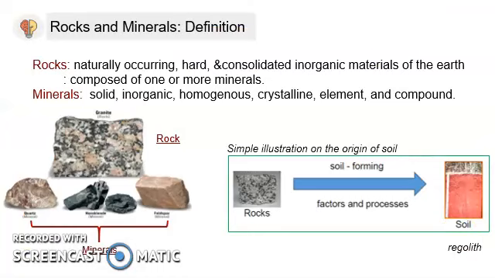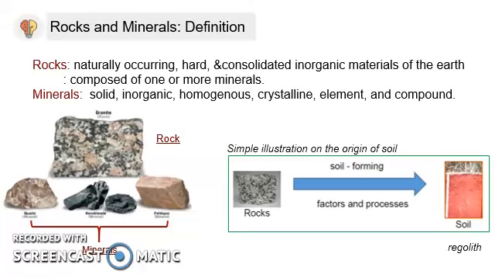Let's start. First, let's define rocks and minerals. Rocks are naturally occurring. It is not man-made, of course. It is formed due to natural processes. It is hard and composed of inorganic materials like minerals.